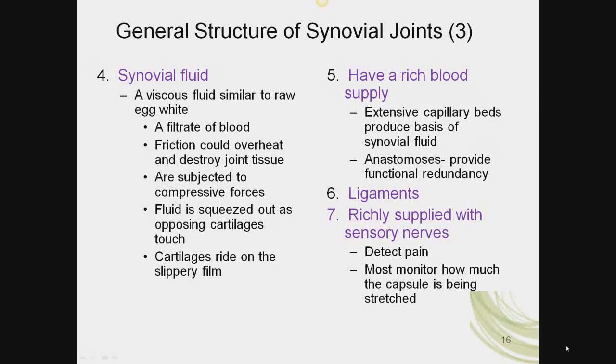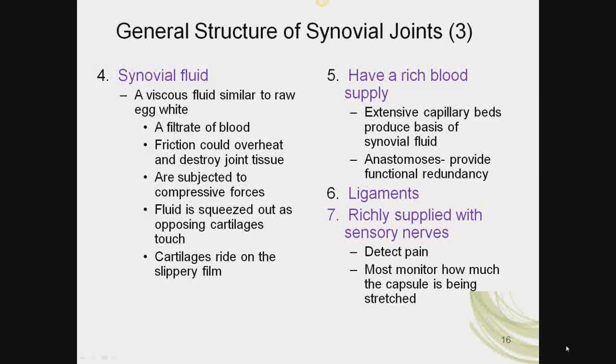Intrinsic ligaments include extracapsular ligaments outside the articular capsule and intracapsular ligaments within the articular capsule. We'll see these in a few of our highlighted synovial joints in just a moment.